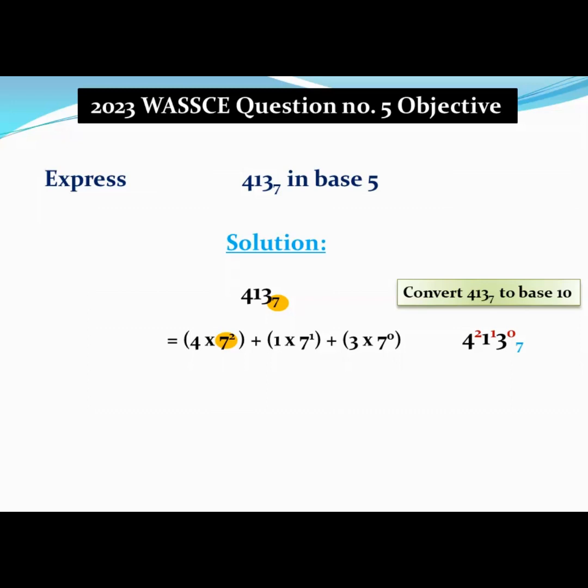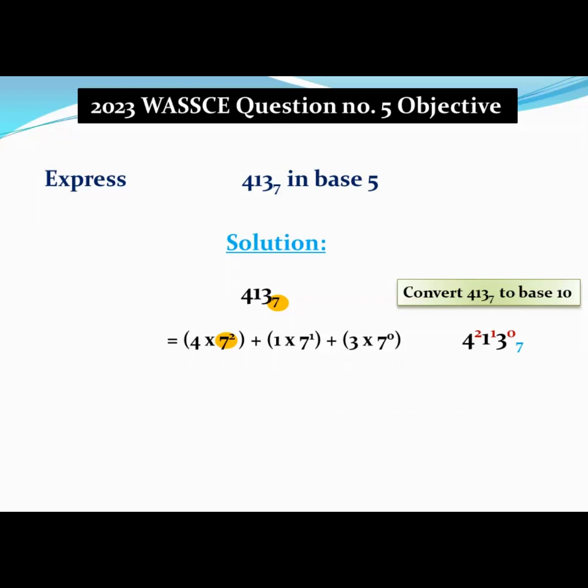That's how it works. The 4 is the first digit from the left, but counting from the right, starting from 3 as 0, 1, 2, the 4 is at position 2. That's why it is 7 to the power of 2.